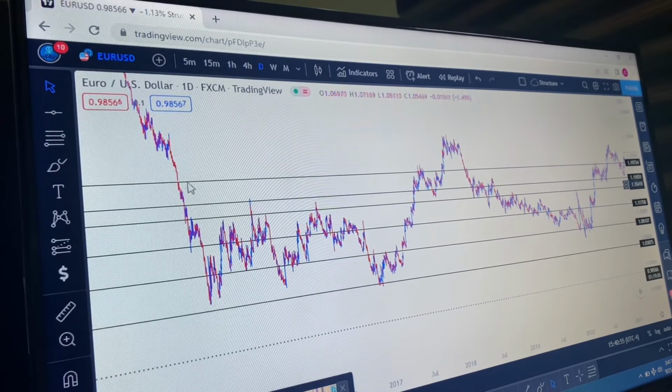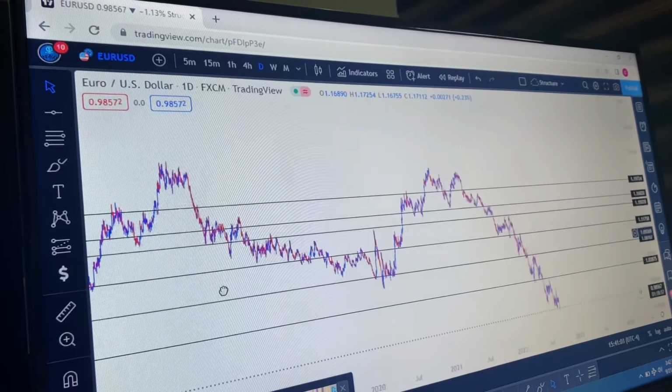Because anything that happened in the past, right here, it has acted as resistance. If you check it out in front here, it also has acted as resistance. So once it happens before, it's definitely going to happen again.